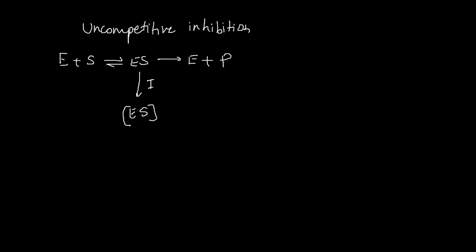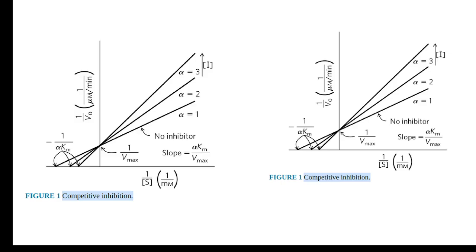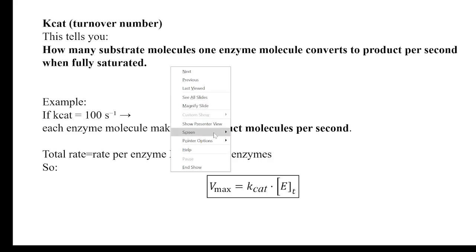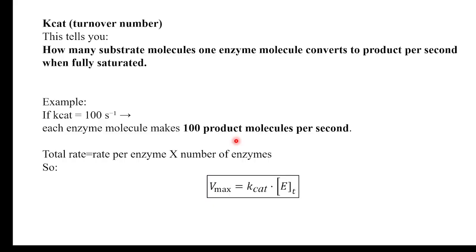Okay, so before we move forward, I want to tell you one thing. What is the total rate, the Vmax? It could be kcat, which is the turnover number.